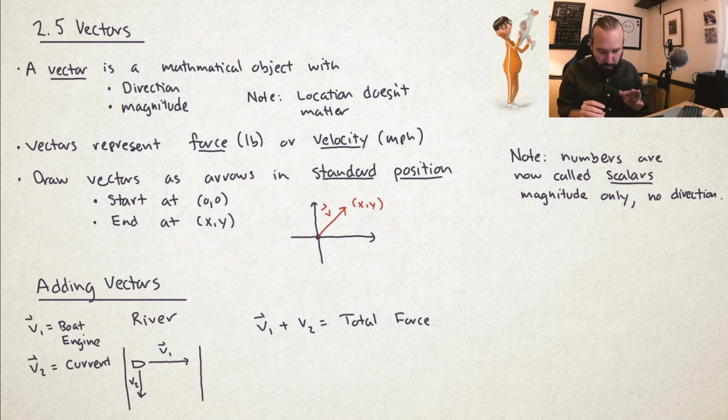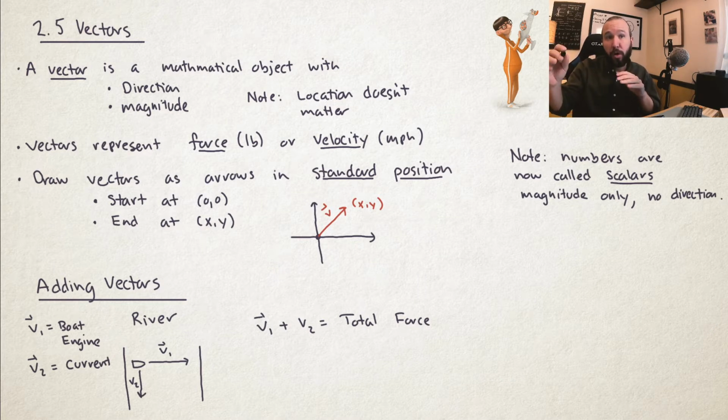We model the rules for adding vectors off of the way that the rules for adding forces work in real life. So let's say that you're in a boat and you're trying to cross a river, and there's some current that's pushing down the river. In this little picture that I've drawn right there, the little triangle thing, that's the boat.